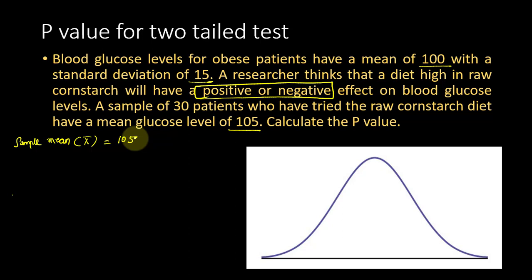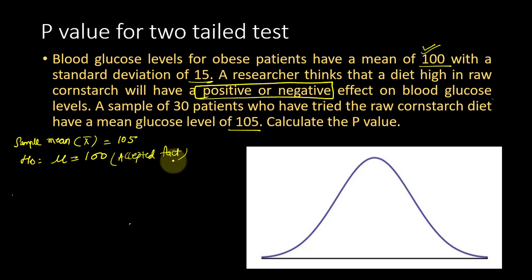What is the meaning of the null hypothesis? The null hypothesis is the accepted claim. So the null hypothesis is mu, that is the mean of blood glucose level, equal to 100. From where did we get this? We get this from here, the mean is 100. This is the accepted fact.